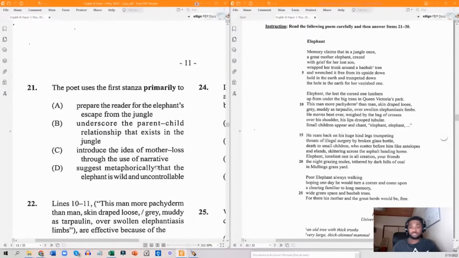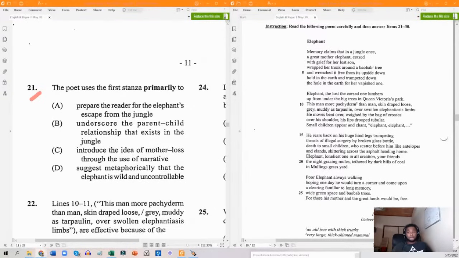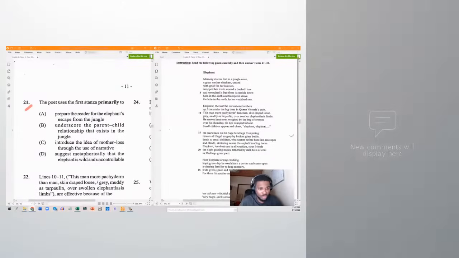All right, question 21. The poet uses the first stanza primarily to do what? Let me see your answers. What does the poet use the first stanza to do?